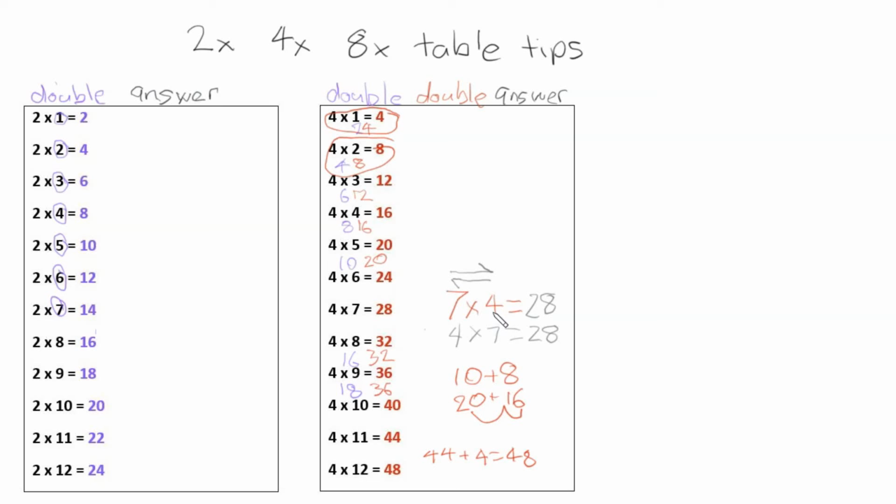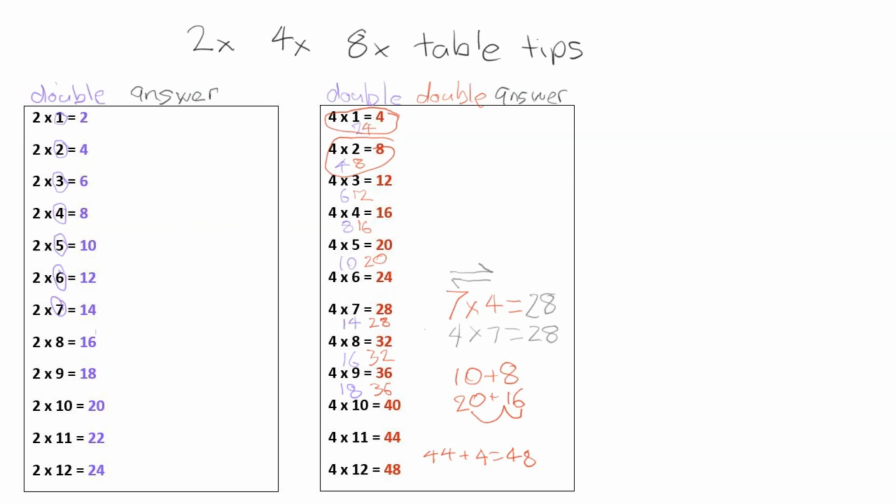I know I can double. So you can just flip it around and double the 7. Double 7, let's write it in the same colors. Double 7 is 14. And double 14, what is it? You guessed it, 28. Double answer.